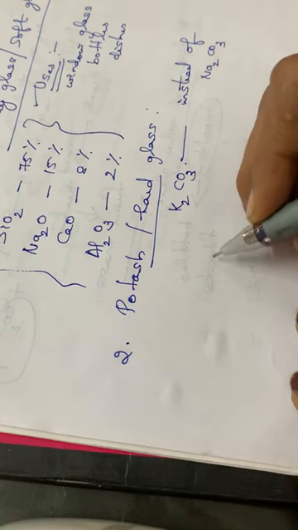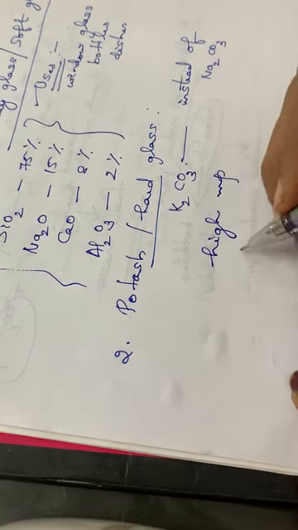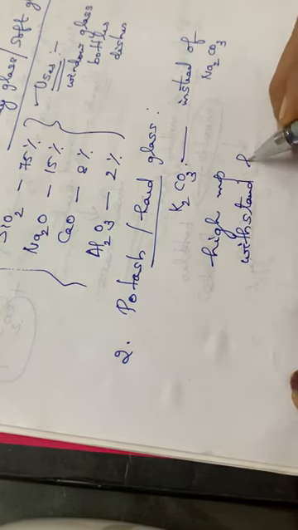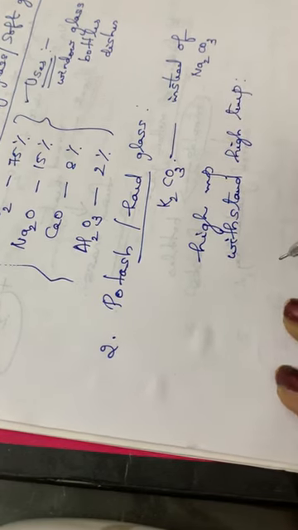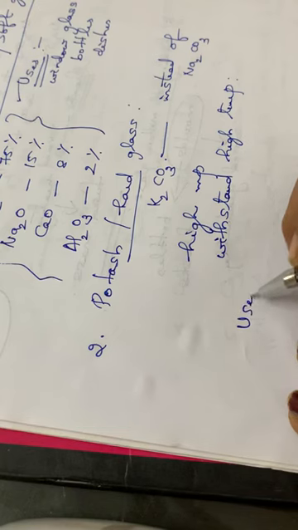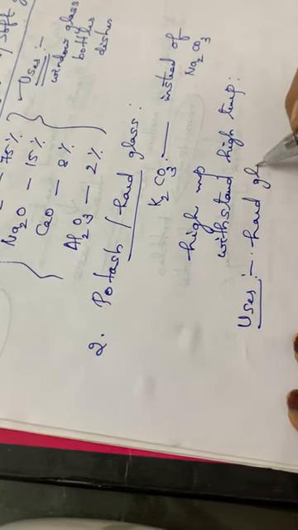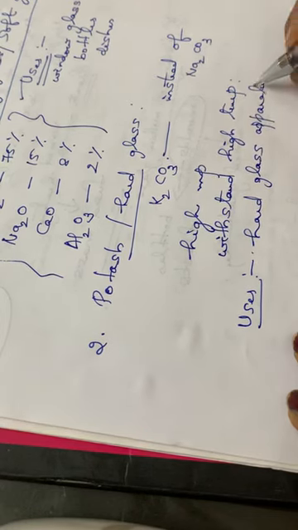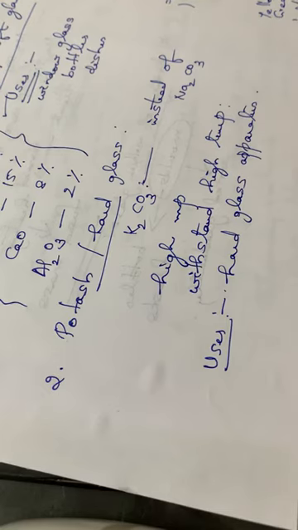Some characteristic features of potash glass: it has a high melting point and can withstand high temperature. It is used for making hard glass apparatus. So that is the case of potash glass, just replacing sodium carbonate with potassium carbonate.